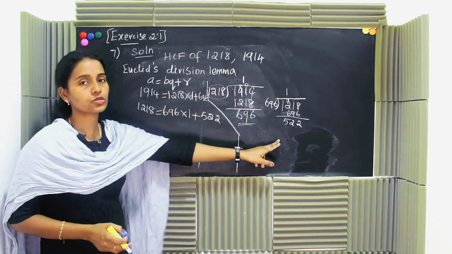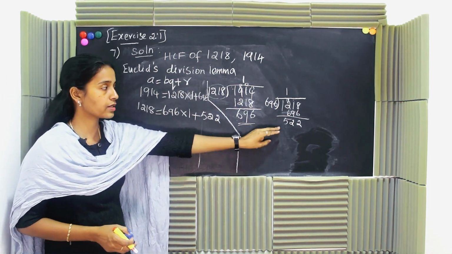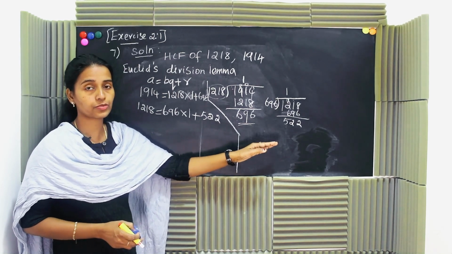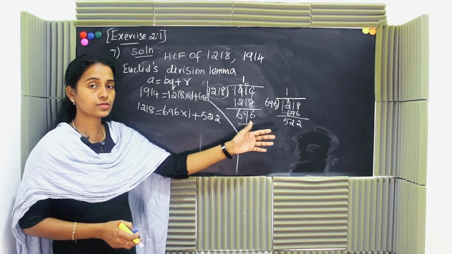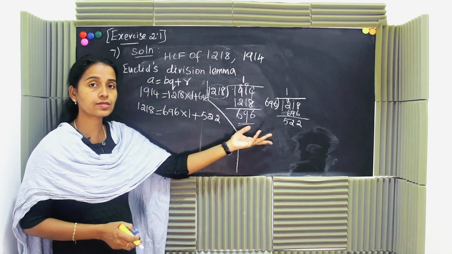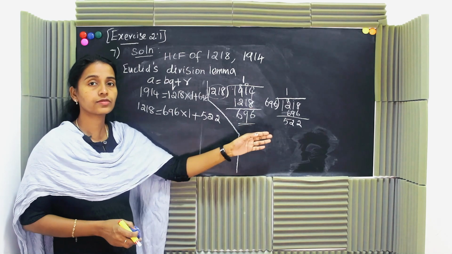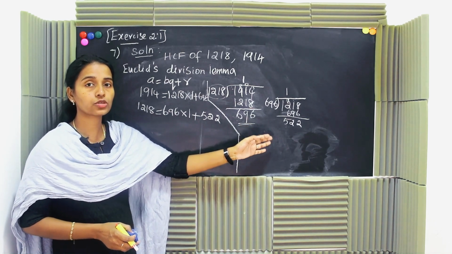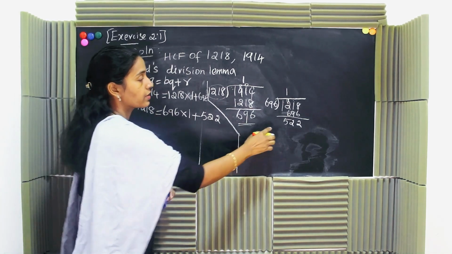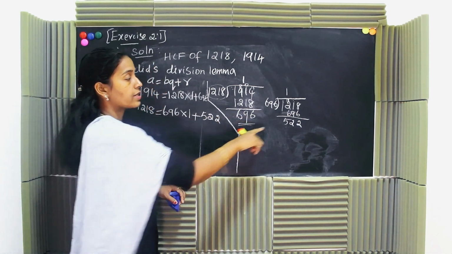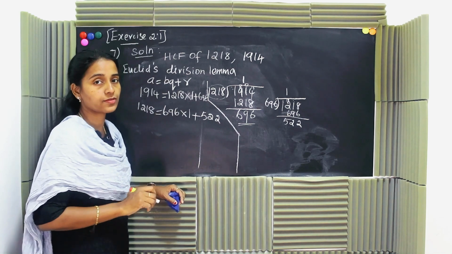At this stage also the remainder is 522, so I should continue the division process. Why? Because the remainder is 522, not 0, right? Until we reach 0, we need to continue the process. So in the next step, 696 becomes the dividend and 522 becomes the divisor.